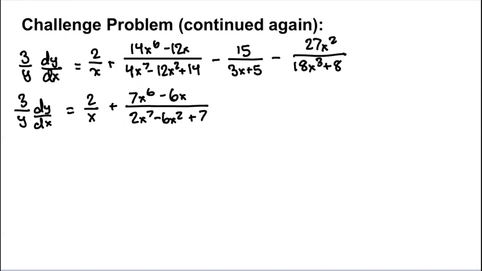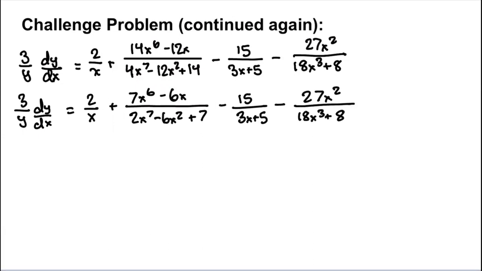I don't think we can really simplify that fraction much more. And 15 over 3x plus 5, you can't really simplify that down further. And you also can't really simplify this down further, so we're just going to rewrite it as it is.